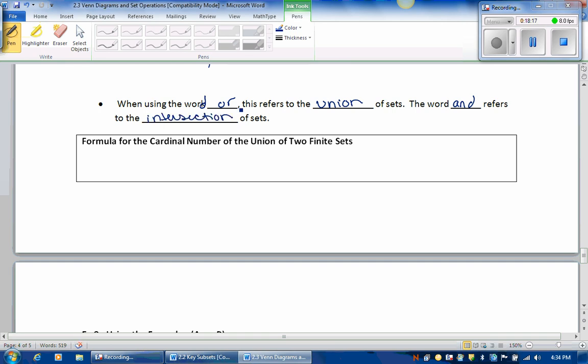So the formula for the cardinal number of the union of two finite sets: n of A union B equals the cardinality of A, plus the cardinality of B, minus the cardinality of A intersect B. So that's the formula we use.